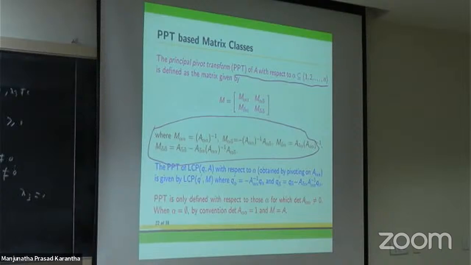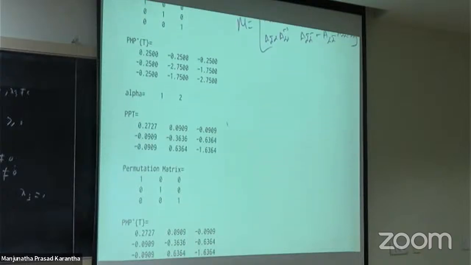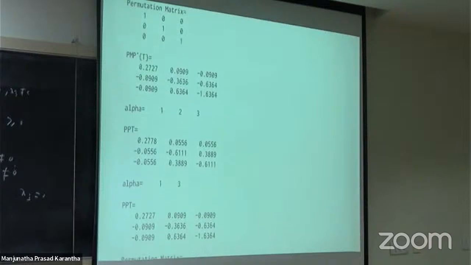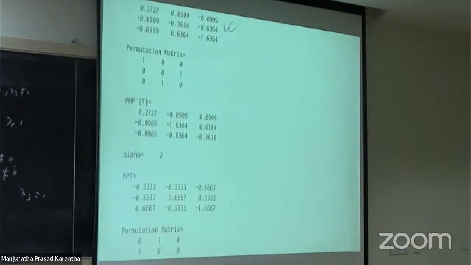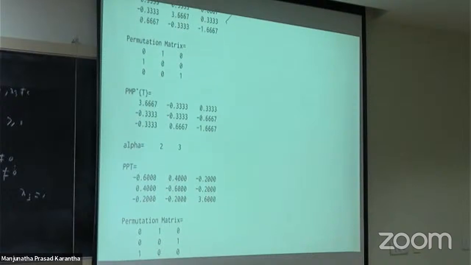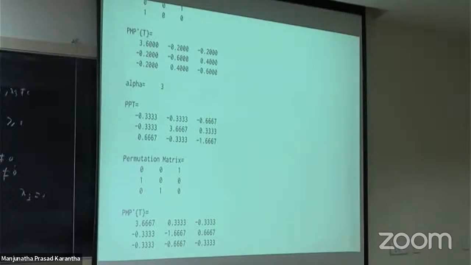And like that you will get the PPT. This is for alpha equal to 1. Then alpha equal to 1, 2. Then alpha equal to 1, 2, 3. Then 1, 3. Then 2, 2, 3. Then 3.